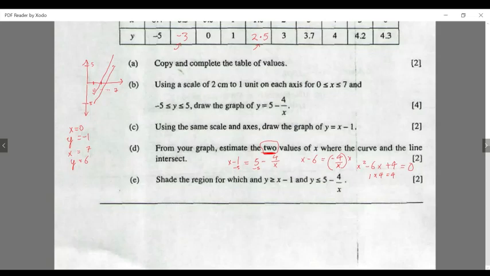So when you multiply both sides, x squared minus 6x is equal to negative 4. You then recognize that this is a little too complicated for doing simple factors. You have to use the quadratic formula, which is x is equal to negative b plus or minus the square root of b squared minus 4ac, all over 2a.